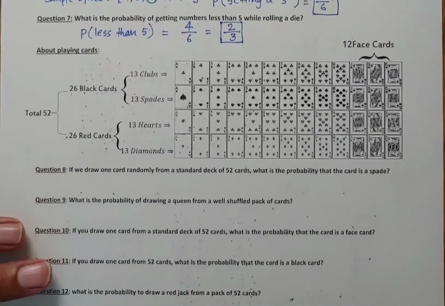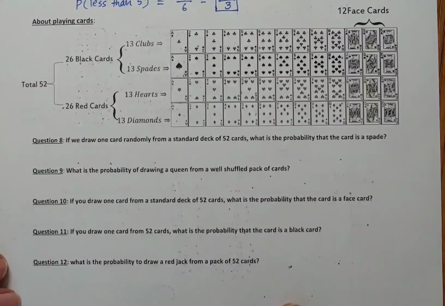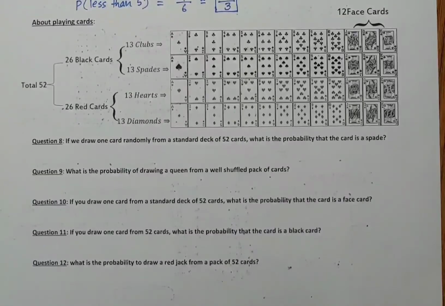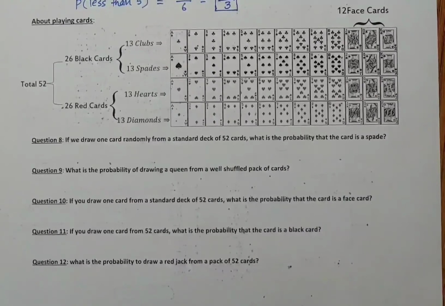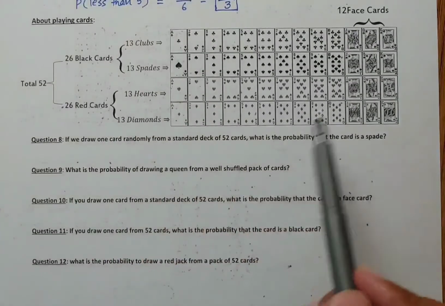Okay, now here is a diagram for playing cards. In the probability questions, there are some questions related to playing cards. Like, what is the probability of getting a red card, getting a black card, getting a king or queen. There are many questions that we can create based on playing cards. So that's why I put this information here.